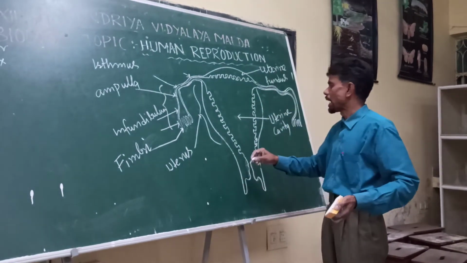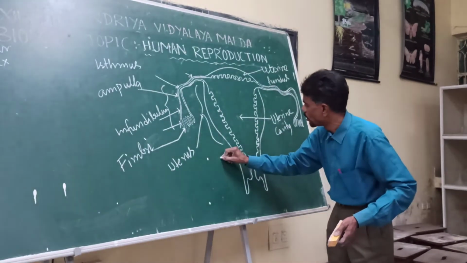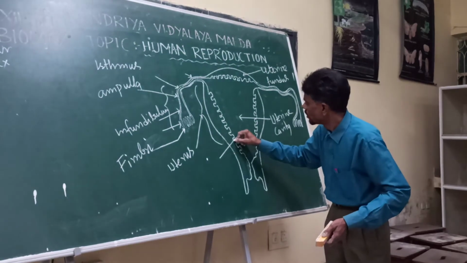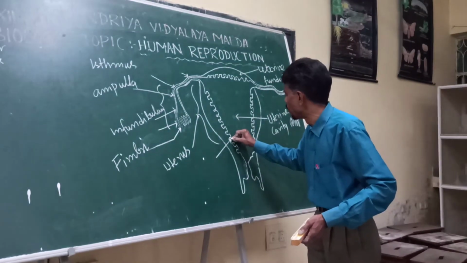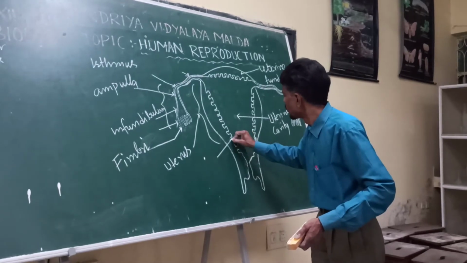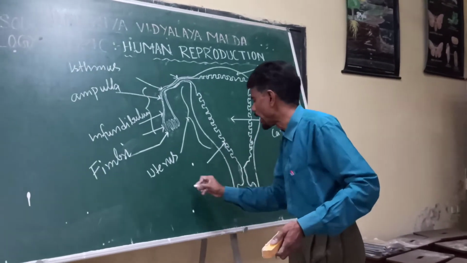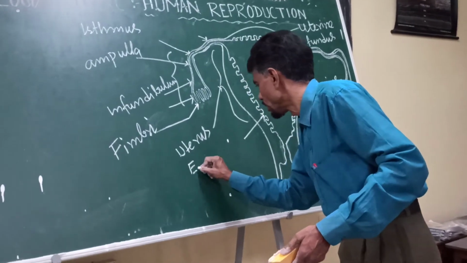This uterus having inner lining called endometrium. This is the endometrial wall. Inner wall called endometrium.